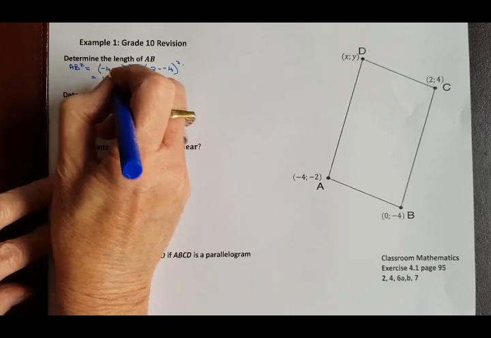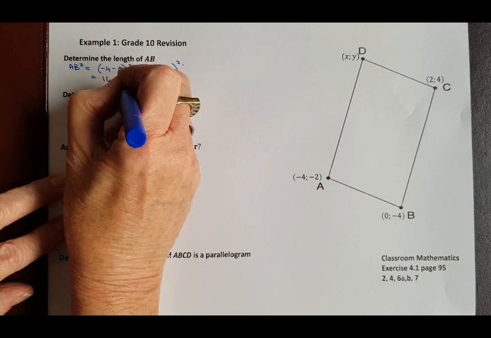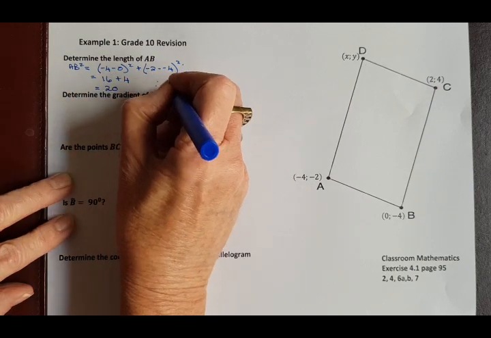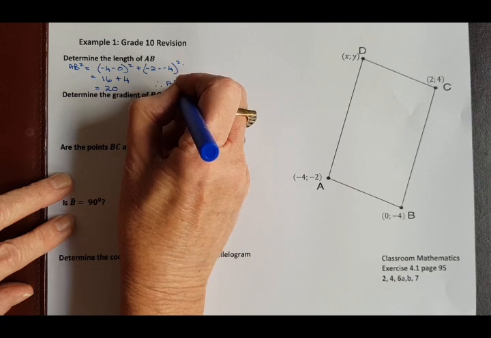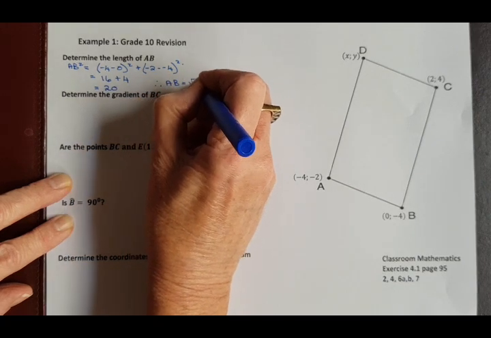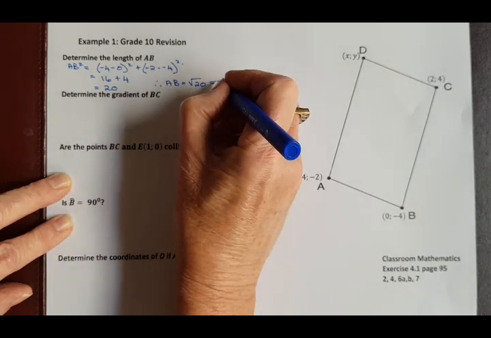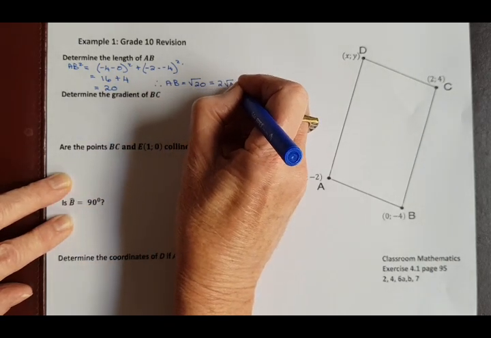Gives us 16 plus 4, 20. Therefore, the length of AB is the square root of 20, and in simplest surd form, 20 is 4 times 5, so you can write that as 2 root 5.